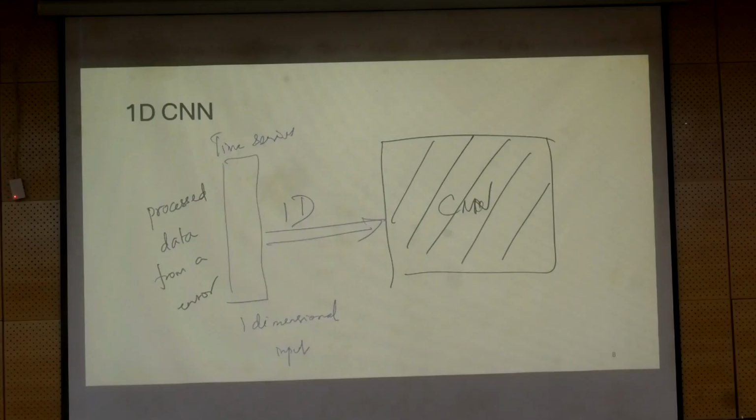It can be a vibrational sensor, acoustic sensor, current sensor, voltage sensor, or a combination of all sensors concatenated into a vector. So it is a single dimensional input, and that is why we call this a 1D CNN. Okay, and this is what we will learn in this session.